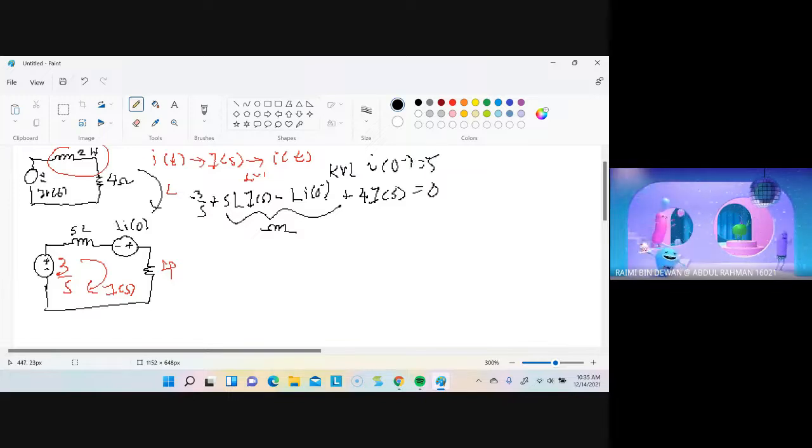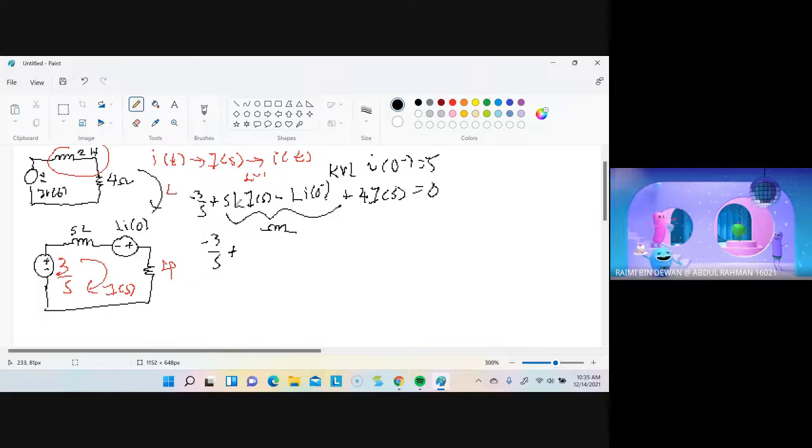Okay, so this 5, if you do it into the Laplace transform, what value do you get? Is 5, right?